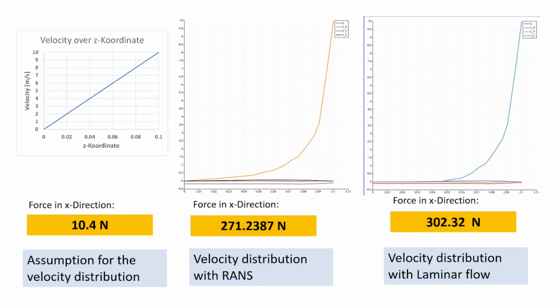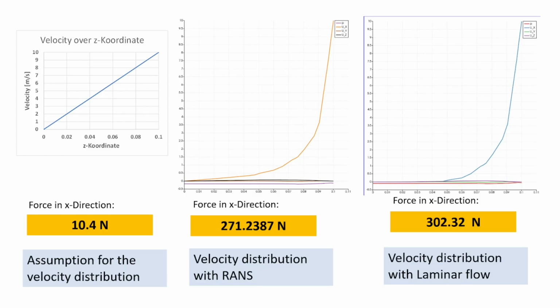In the middle and on the right side, you see the solutions from CFD-OF. The model that regards turbulence, the model with RANS, leads to a force in x direction of 271.2 Newton.